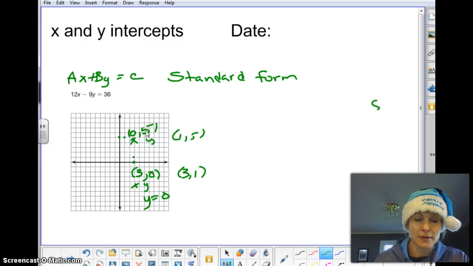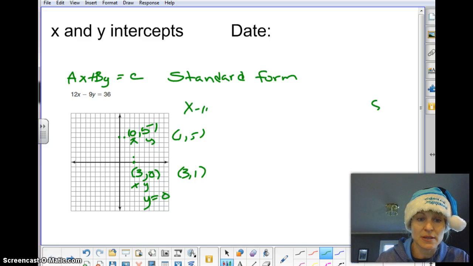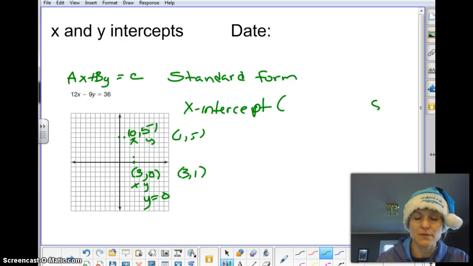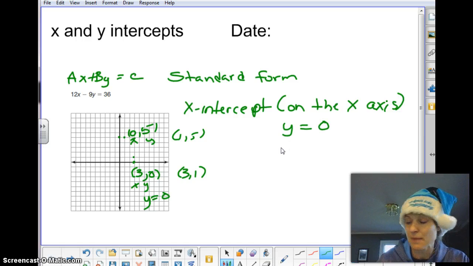So the key here is to find when we have the x-intercept, which means, and sometimes I wonder if you guys get confused on this, the x-intercept is when it's on the x-axis. My y has to have a value of 0, okay?